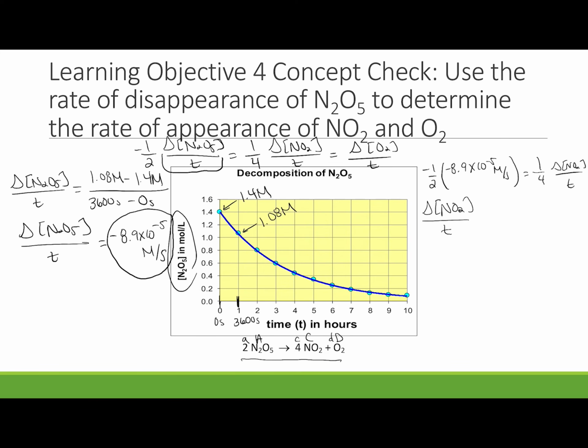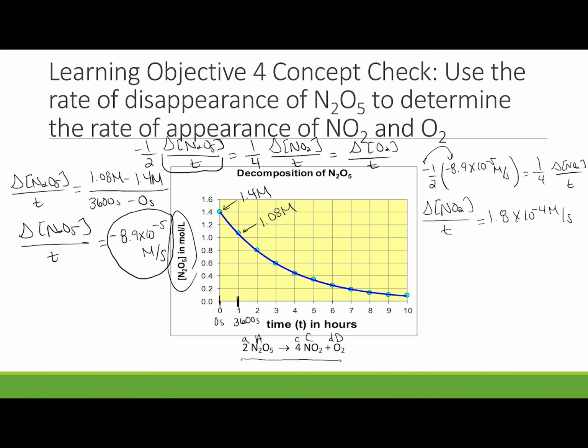And we're going to cancel out this negative because we're creating NO2. And what we get is the rate of production of NO2 is equal to 1.8 times 10 to the negative 4 molarity over seconds. Basically double, right? Because it's a 2:4 ratio between N2O5 to NO2, so we're going to create NO2 twice as fast as we deplete N2O5. So the rate is double.